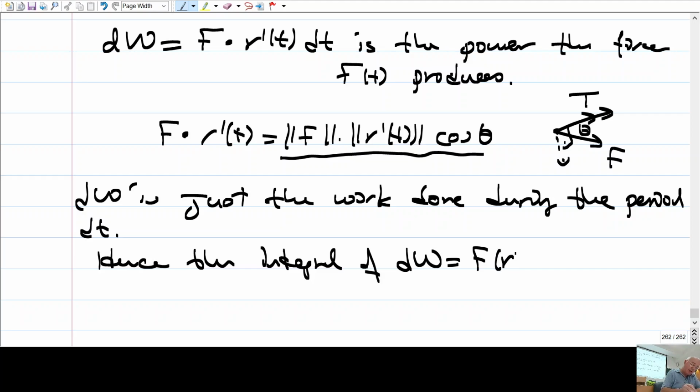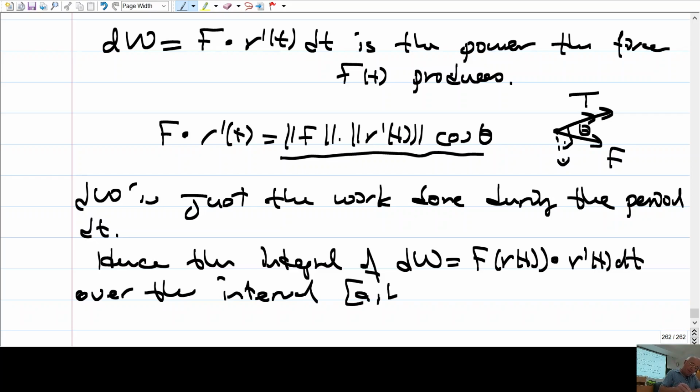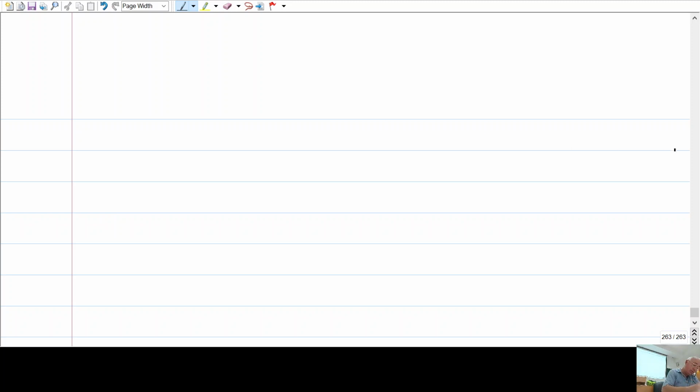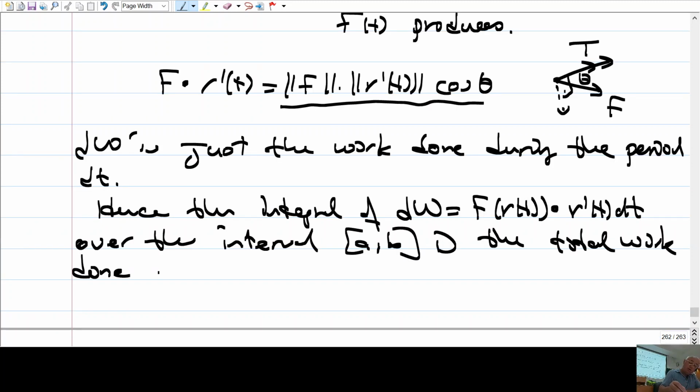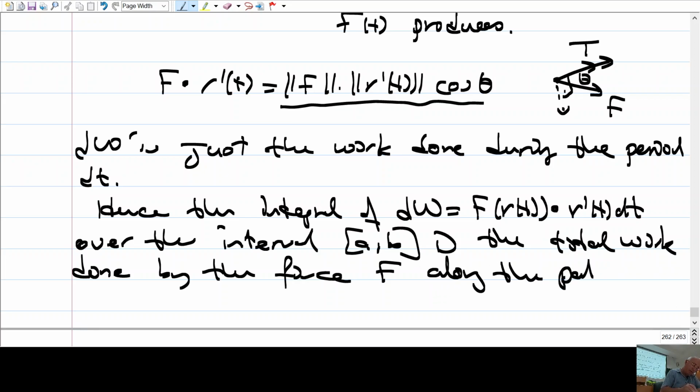So here, of course, inside F you have r(t), dot product with r prime t dt over the interval [a, b], is the total work done by the force F along the path C.